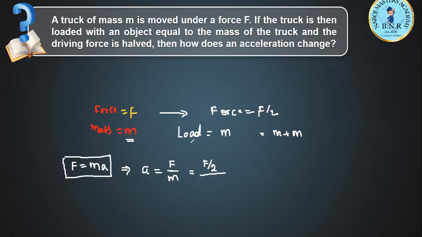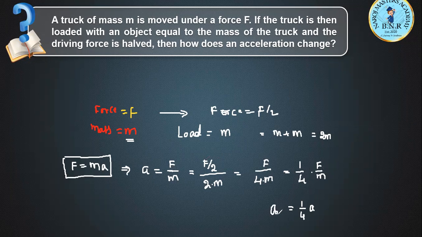Initially the mass of the truck was m, now the mass is 2 times m. So a is F by 2 into 2m, which is F by 4m. That equals 1 by 4 into F by m. F by m is nothing but the acceleration, so it equals 1 by 4 times of A. So the acceleration changes by 1 by 4th; this is A2. When the force is half and the mass is doubled, the acceleration is 1 by 4. Is it clear?